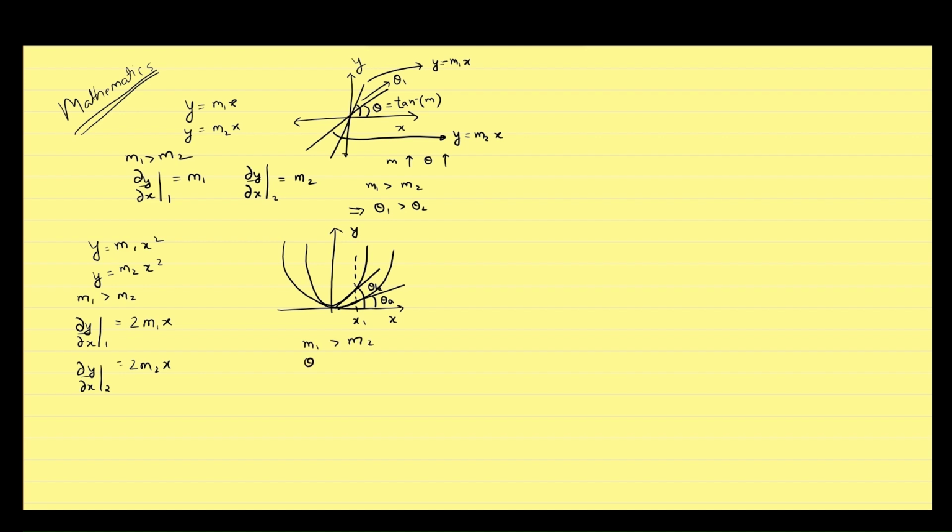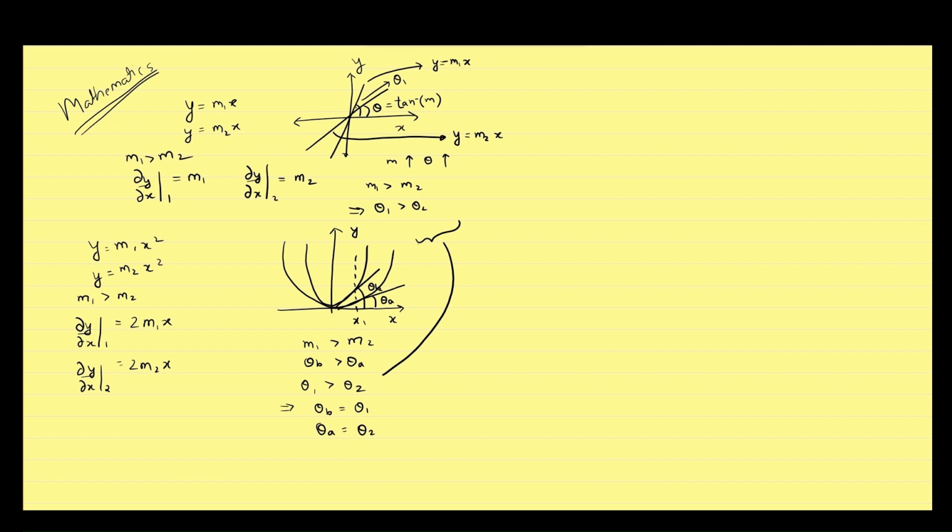From the graph we can see that theta B is greater than theta A, and from the previous case we can say that the equation of the line with higher value of coefficient will have higher value of theta. It means that theta B is equal to theta 1 and theta A is equal to theta 2.